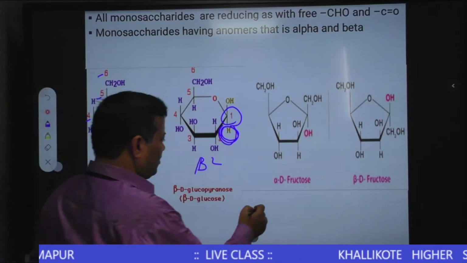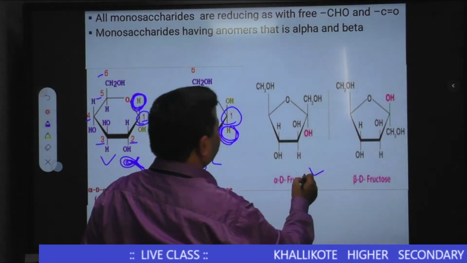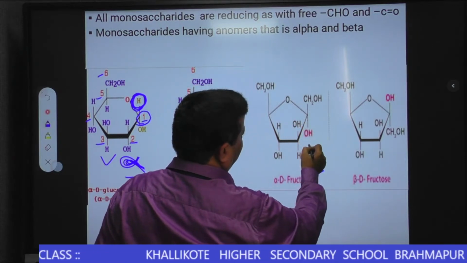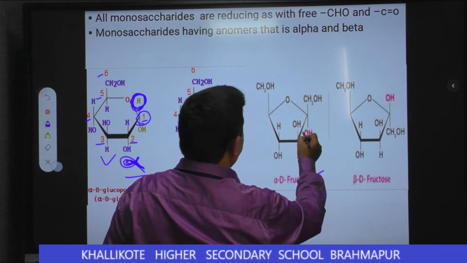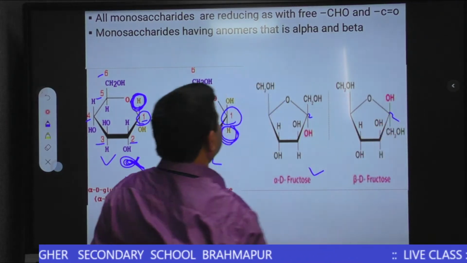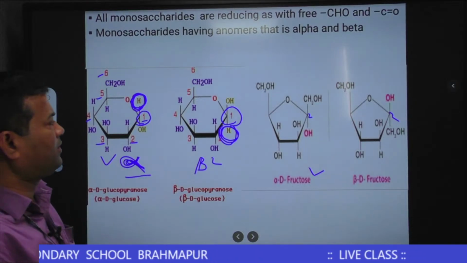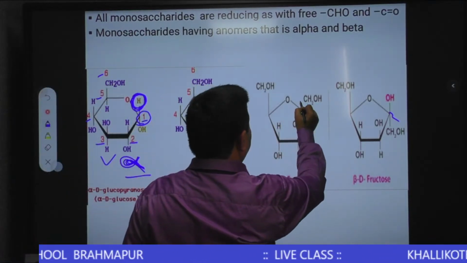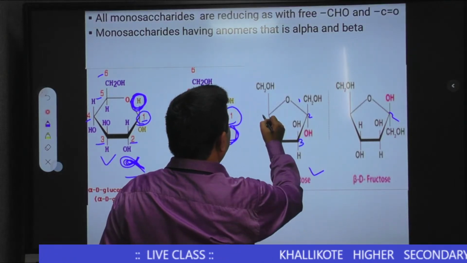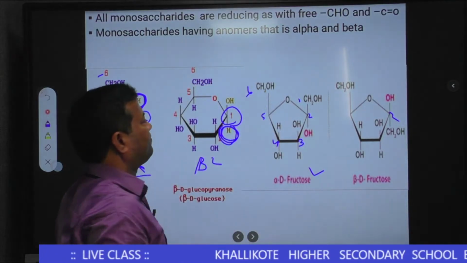Similarly, you come to fructose. Here the anomer can only be found at the second position of the sugar. If this is the first carbon atom, this is the second carbon atom, third, fourth, fifth, sixth carbon atom.